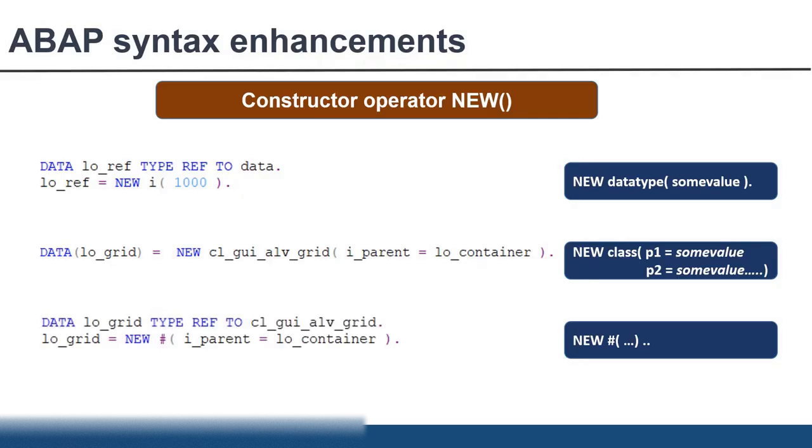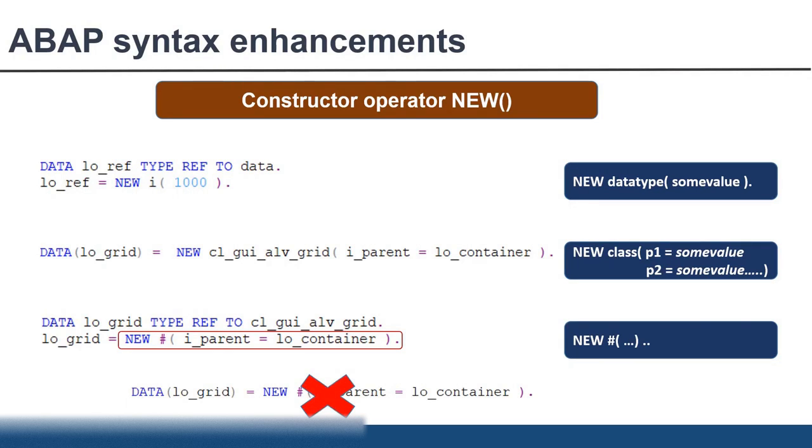When you compile this piece of code, the class reference is statically defined. When you use hash, the compiler knows for which class it has to create an object. But you cannot write the same piece of code in this fashion. This doesn't work. In this case, the compiler would not have any idea for which class it has to create an object.